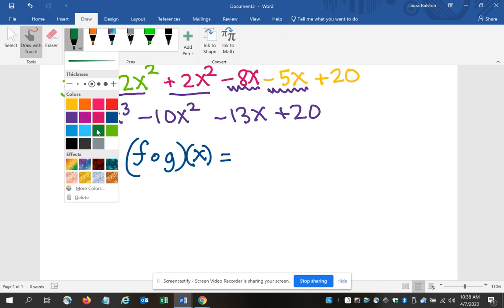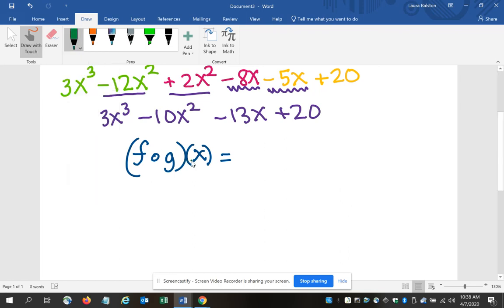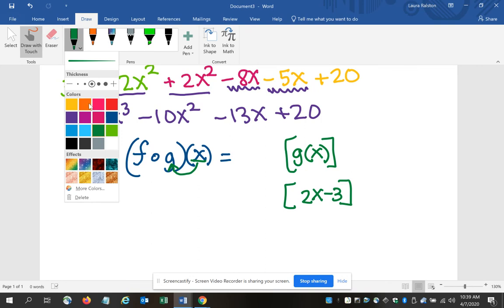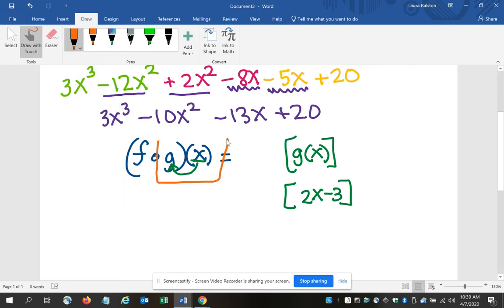This means I'm going to take the x and substitute it into g, and g was 2x minus 3. I then take that answer and substitute it into function f.